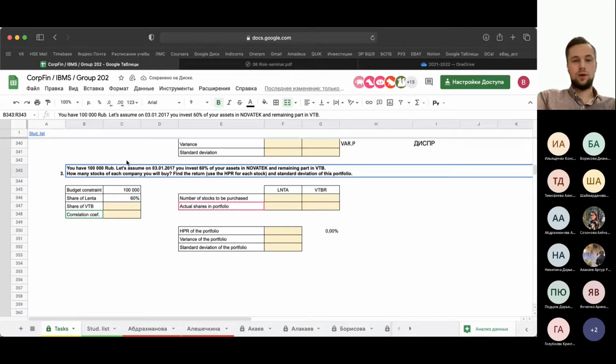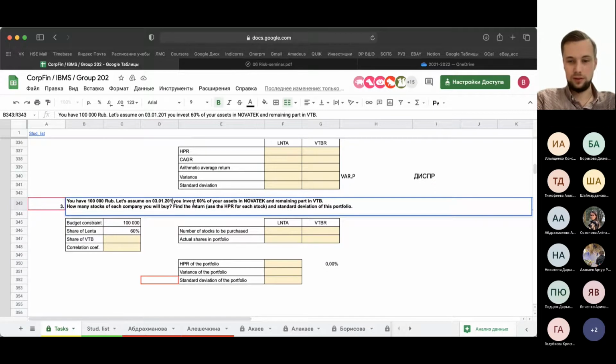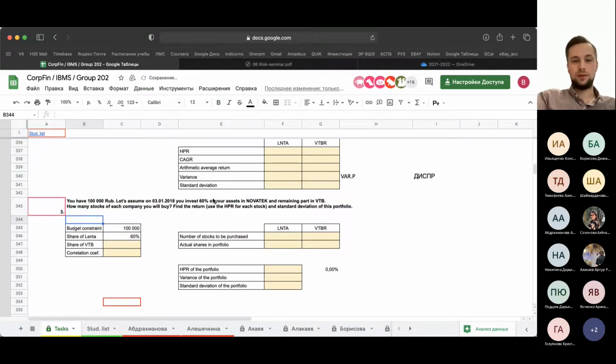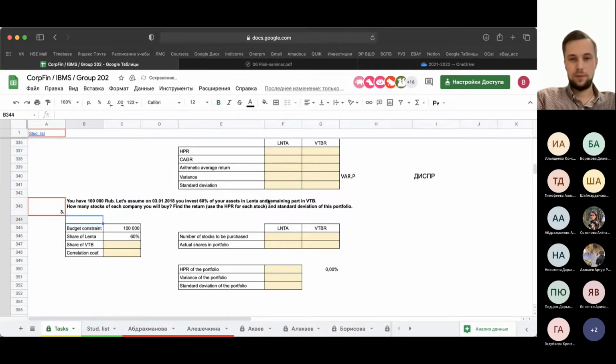Imagine that you have 100,000 rubles, and in 2018 you invest 60% of your assets in Lenta, and the remaining part in VTB. How many stocks of each company will you buy? It's the first question. Then please find the return and standard deviation of this portfolio.